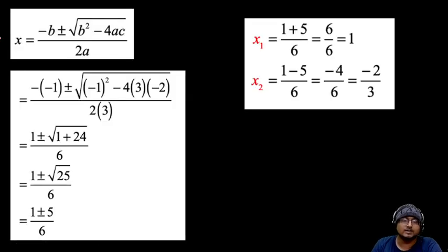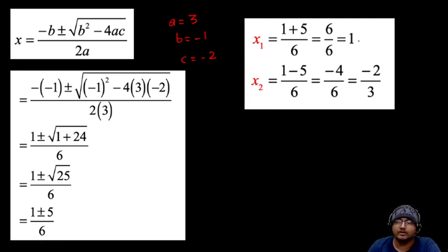See, here also we substitute: we know that a is equal to 3, b is equal to minus 1 and c is equal to minus 2. Substituting these values here, you will get minus of minus 1 plus or minus under root of b square, minus 1 the whole square is 1, minus 4ac, 4 into 3 into minus 2 will become 24, so it becomes 25, 1 plus or minus root 25 by 6.